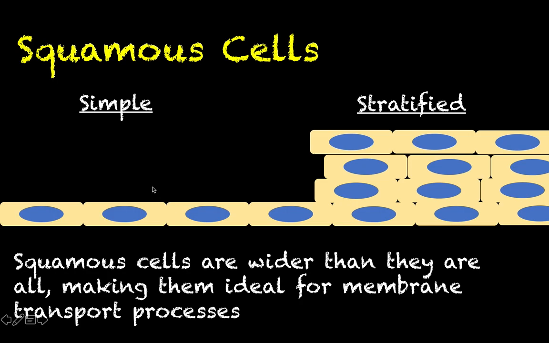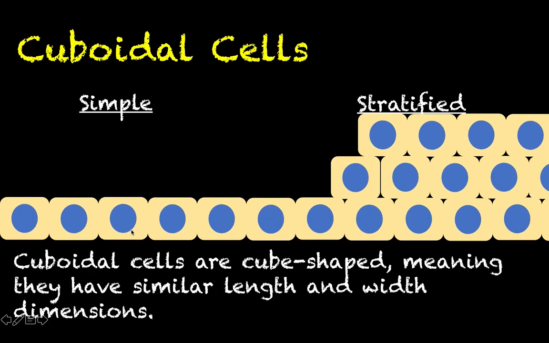So what you'll notice about these squamous cells is that they tend to be kind of flattened out like pancakes. They are much wider than they are tall. And as we will see very soon, that really makes them ideal for membrane transport processes, especially the simple cell layer. If we move on, cuboidal cells are cube-shaped. That's probably why they're called cuboidal cells, because they have cube in the name.